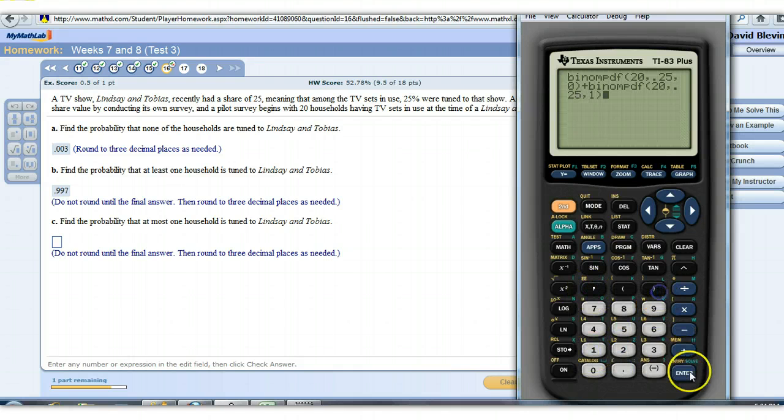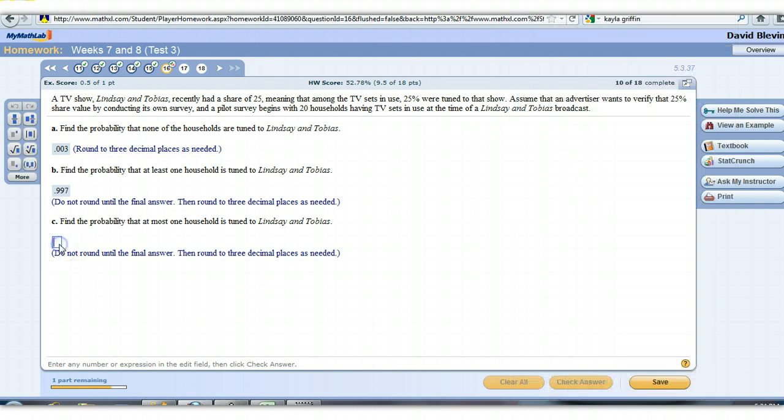I can do that. Alright, 0.024. Or there are other ways that I could have done that same problem.